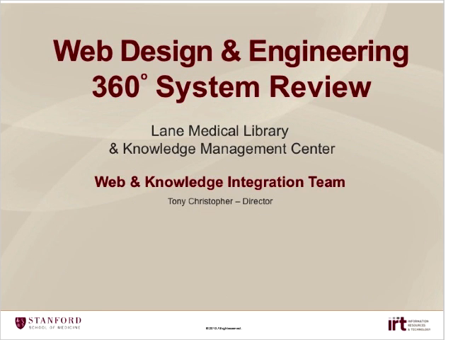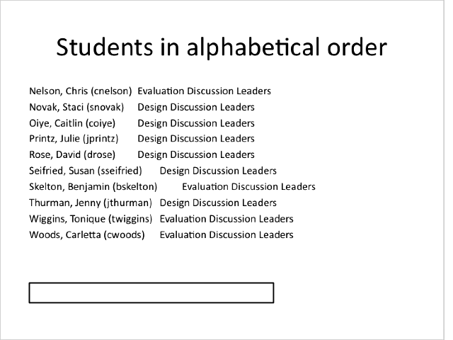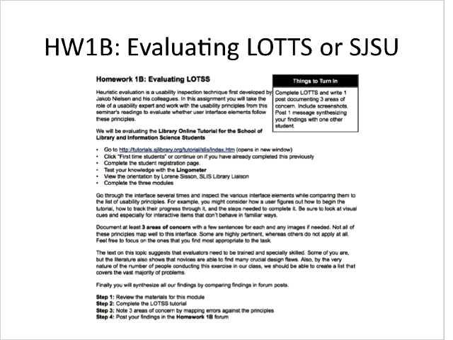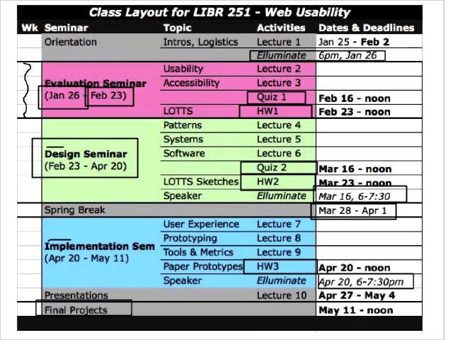One final thing, and then I really want to get on to Tony. The presentation at the end is a period of time. It starts April 27th and goes through May 4th.